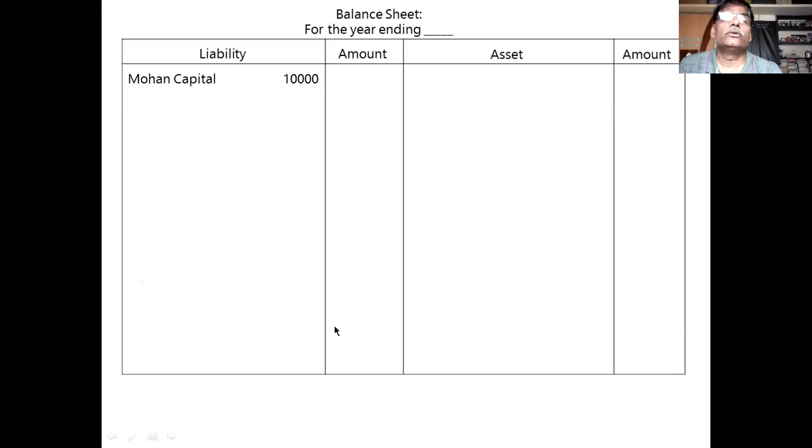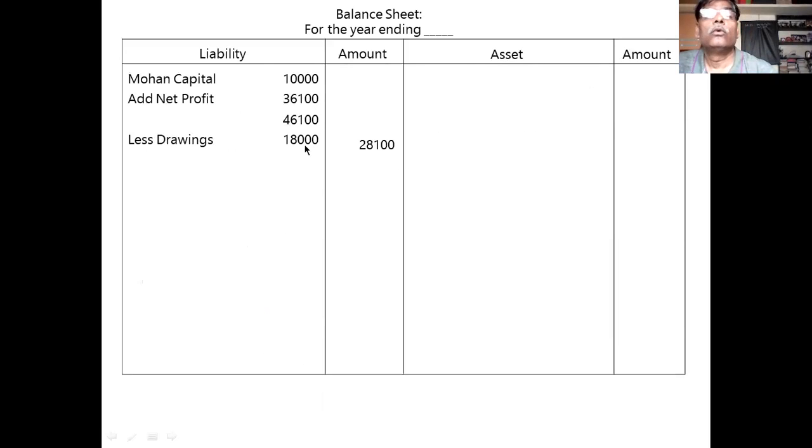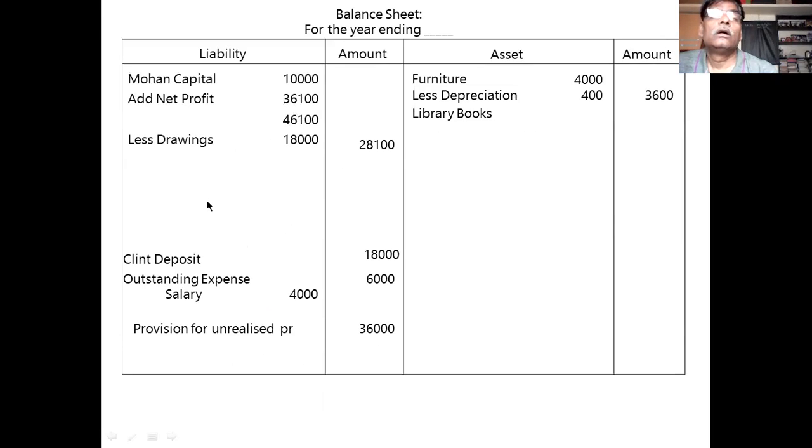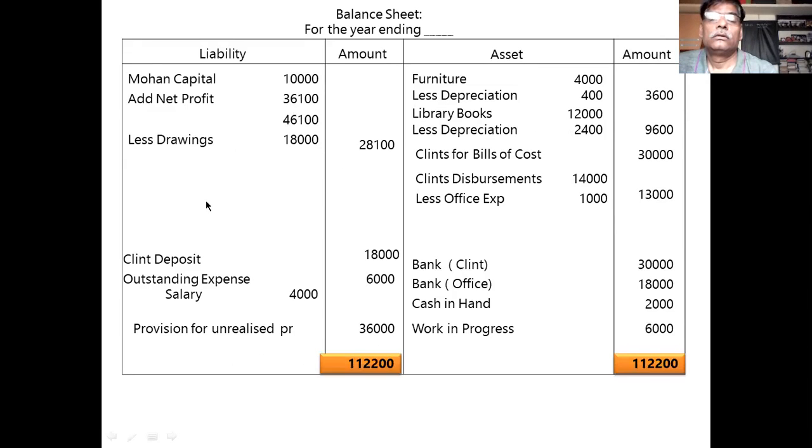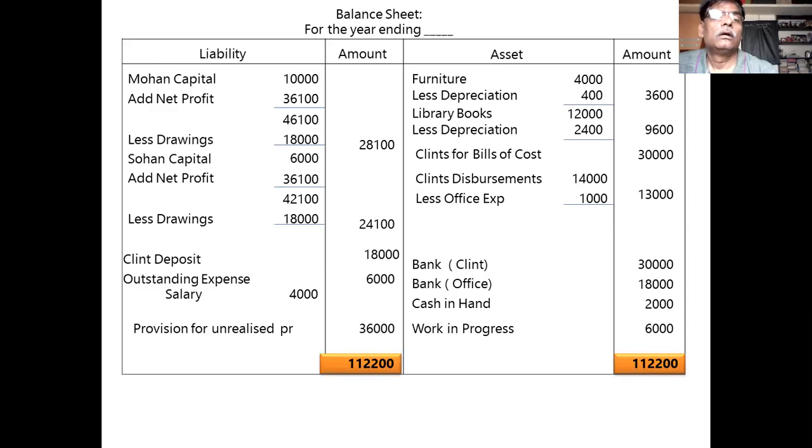In the balance sheet, you see here capital. First you take Mohan: opening capital, net profit, less drawing. Mohan is completed. Then you take the second one. You see this.